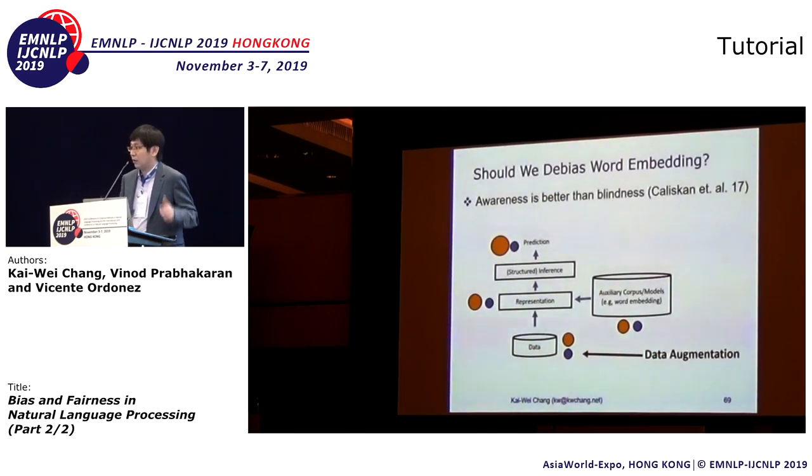If you augment the data, there is hope that you can reduce the bias. And Vincent will later talk about some ways we can directly calibrate the prediction. In that way, we can also make the model satisfy some of our constraints and reduce the bias.